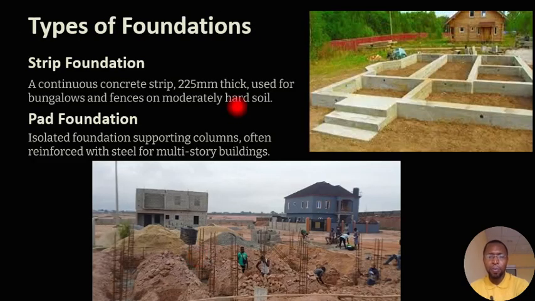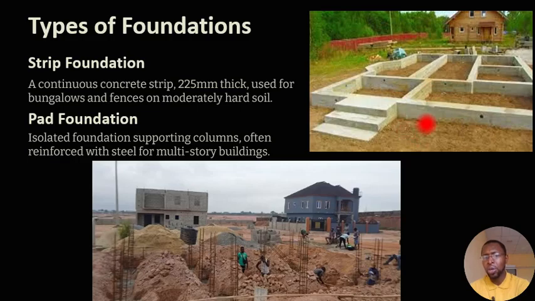Then we have the types of foundation. So we have the strip foundation. When we say strip foundation, it's simply a continuous concrete strip, as you could see here, about 225 millimeters thick. Each of these strips is 225 millimeters thick, and usually they are used for bungalows and fences on moderately hard soil.